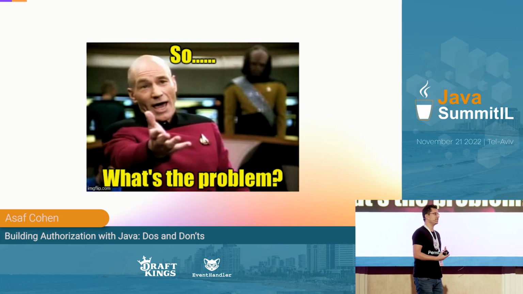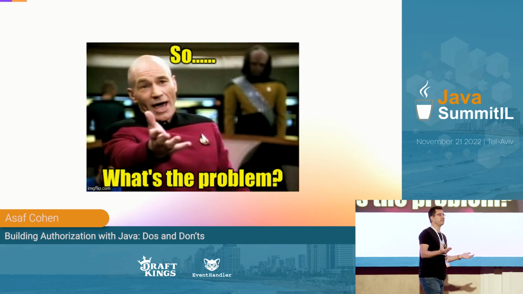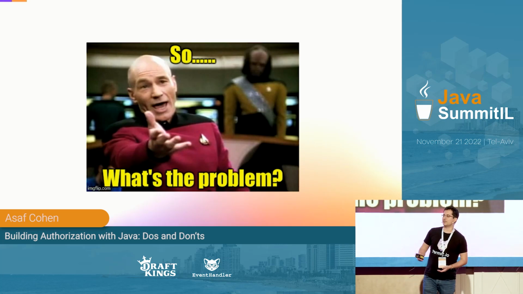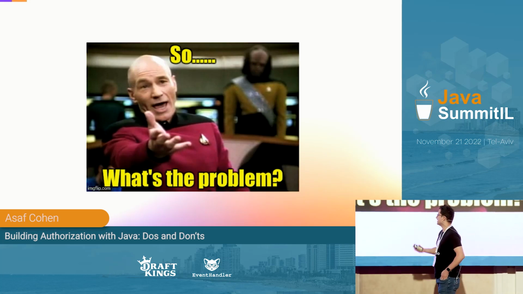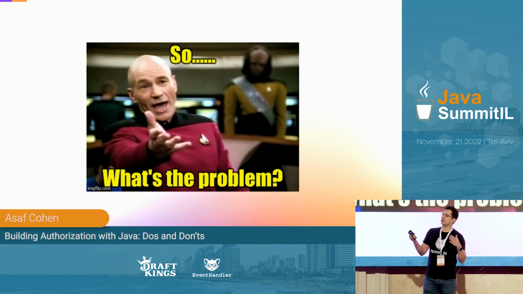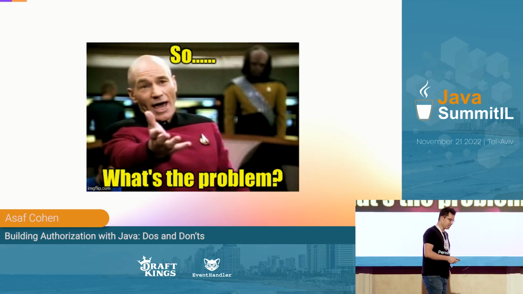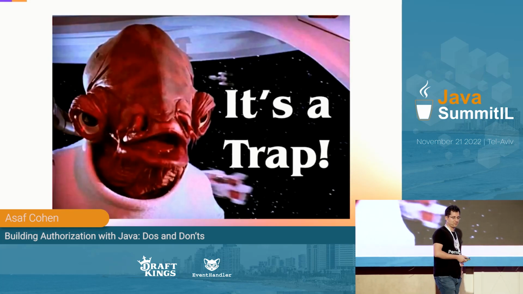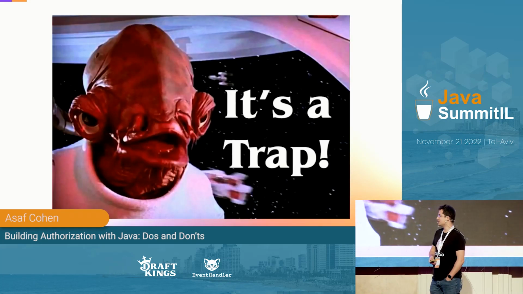I'm not saying you need to become an authorization company and implement everything up front. It doesn't work. And we all like our MVPs. I'm saying that if you are building this minimum that you need, you can do it in a way that won't be so painful to refactor. So yes, it's a trap. It's not that easy, and I'm going to talk about the challenges today.